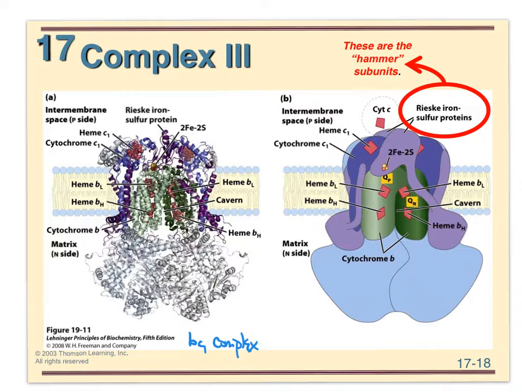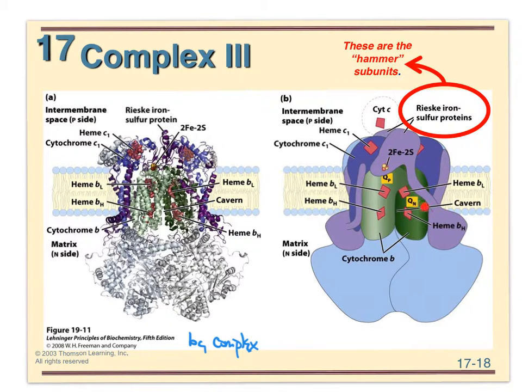So complex 3 is huge, and it is a dimer of polymers. There are multiple proteins that all come together to form one portion and one big unit, and those two big units come together to form a supracomplex. And so that's why we have this one portion that they call the Rieske protein.